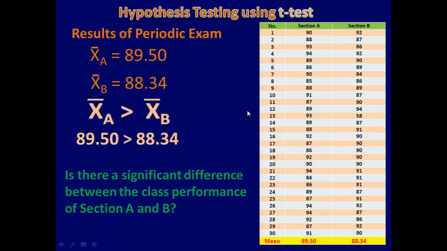By the way, this is another topic that we have not covered during our classroom discussion due to COVID-19. So, given this problem, how do we now perform the t-test?